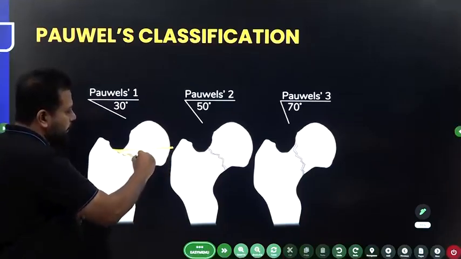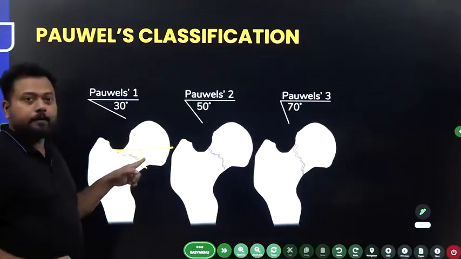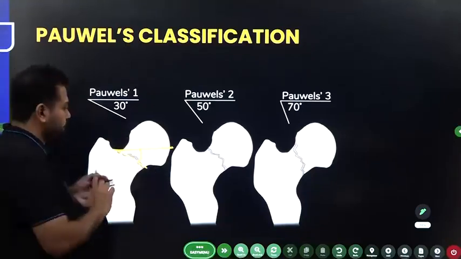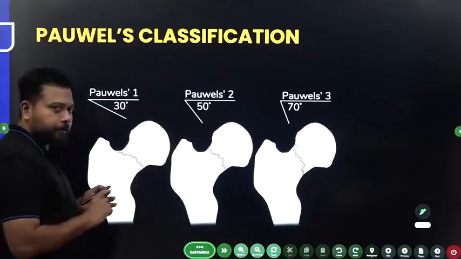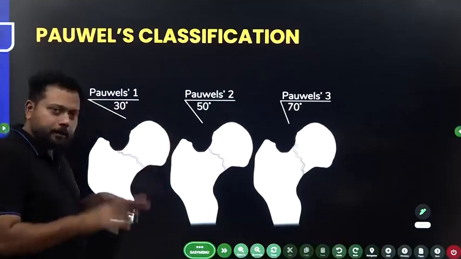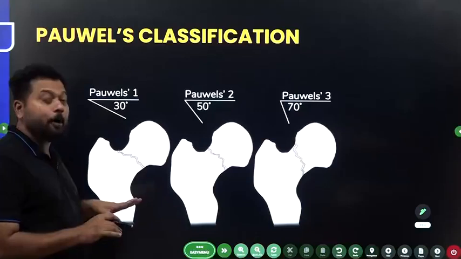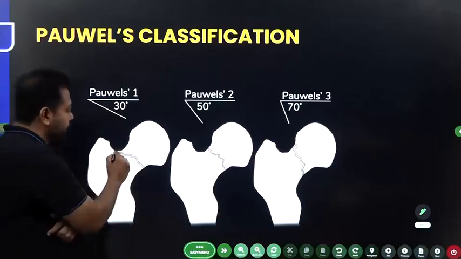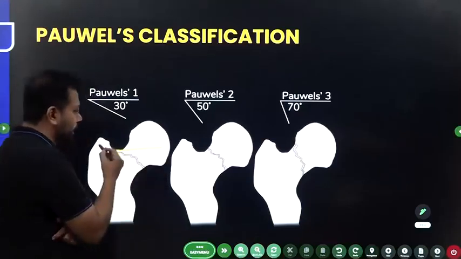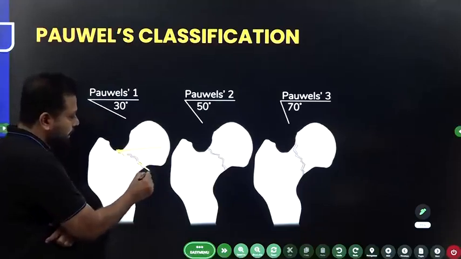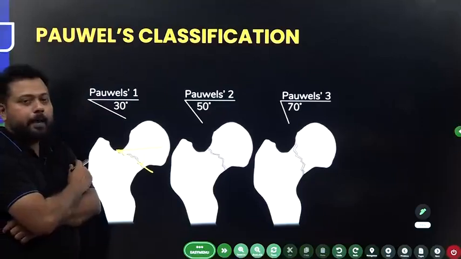The angle between the horizontal line and the fracture line is called Powell's angle. I repeat once again, dear friends, concentrate, because this is an AIIMS question. The angle formed between the horizontal line and the fracture line is called Powell's angle.